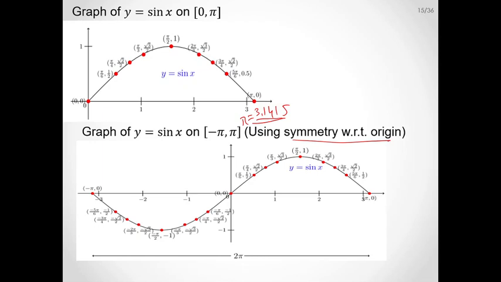By doing that, we get the graph of sine x. Here it's pi, and here it will be minus pi. As you see, we get the picture of the graph of sine x in an interval of 2 pi, which is the period of sine x.